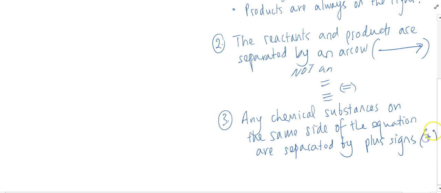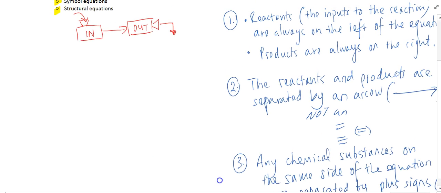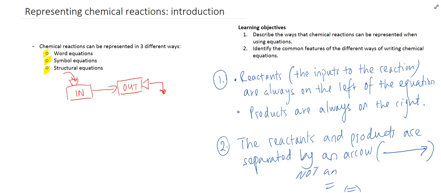So these guys. Any chemical substances on the same side, so let's say you have two different chemicals on the reactant side, they will be separated by a plus sign. And if you have four different chemicals on the product side for the same reaction, they would all be separated with plus signs. Okay? Right, so let's have a look at the ways that chemical reactions can be represented.